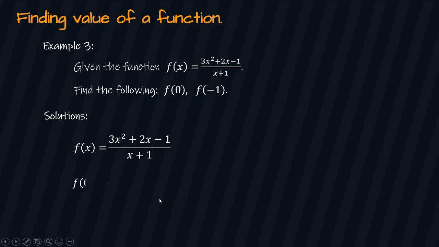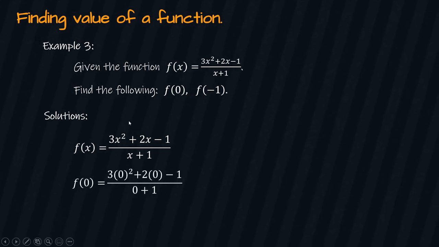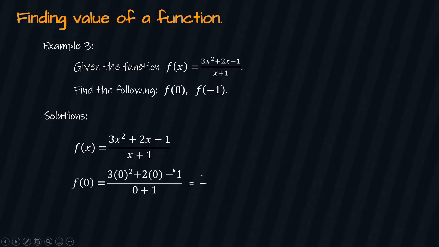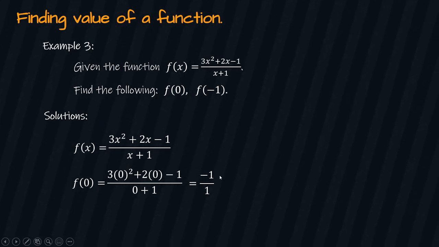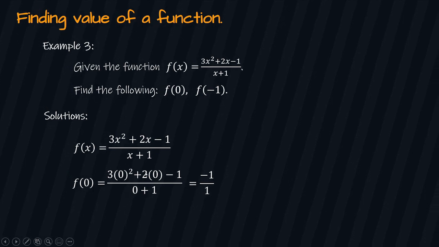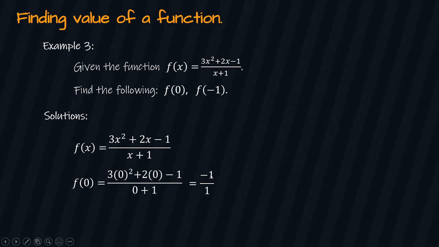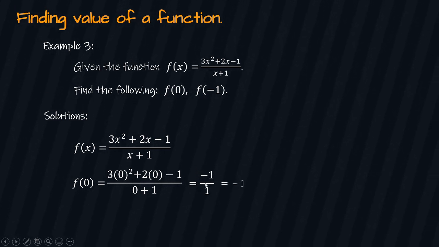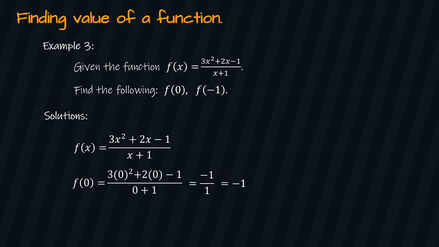Simplifying, we cancel this one because that is 0. Then we have -1 over 1, which is equal to -1.